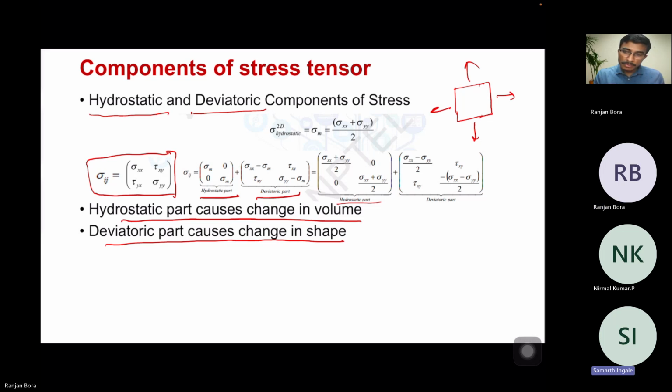So what is the shape? The shape is rectangular, right? Yes, so it will always remain a rectangle. It will expand, but the shape will remain the same. But because of the deviatoric part, it is getting tilted. Yes, sir. Understood.